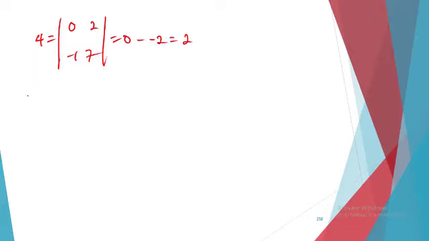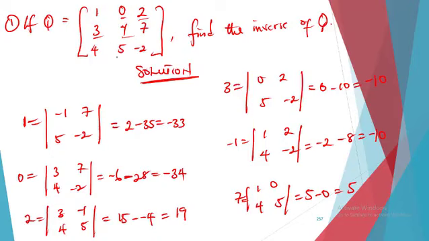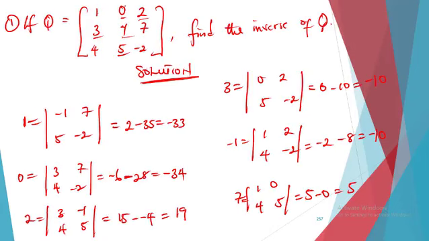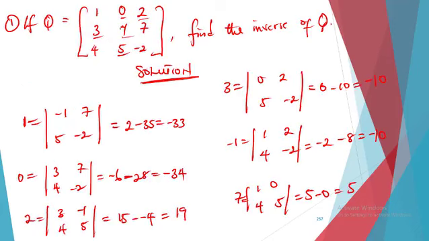Okay, then let's go over to 5. We have 5 to be equal to, 1 3, 2 7. So we have 1 times 7 is 7, minus 3 times 2 is 6, and that will give us what? 1.